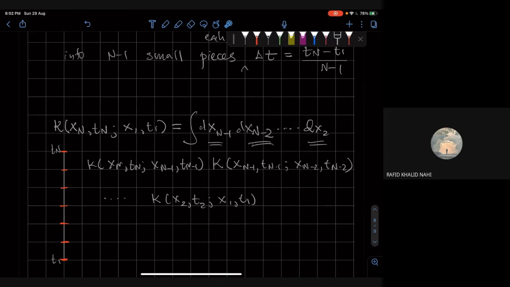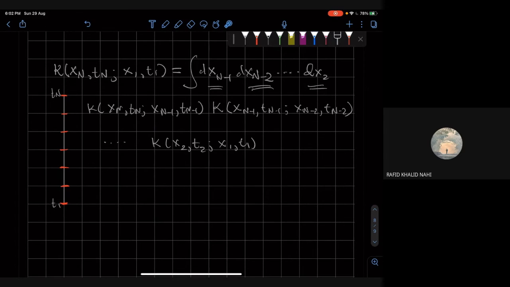Now we can take each one of these. So the idea is to have n be very large so that the time interval is very small.